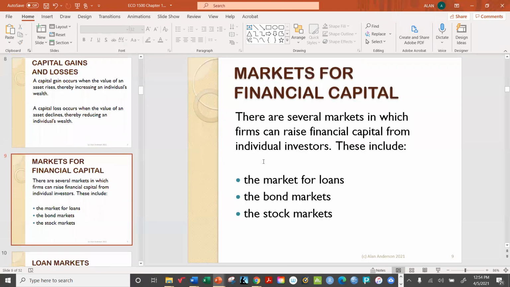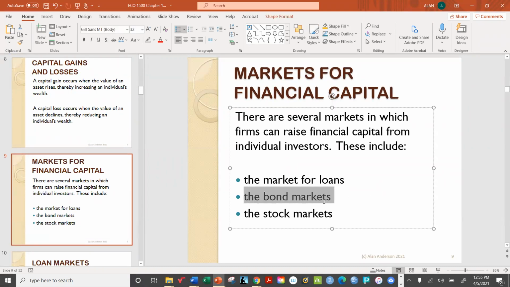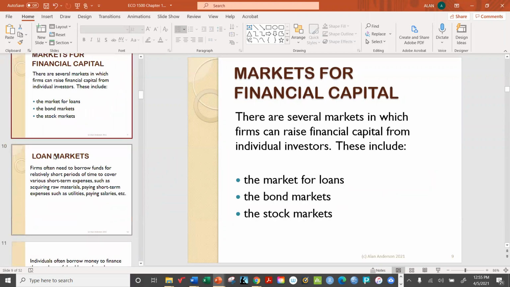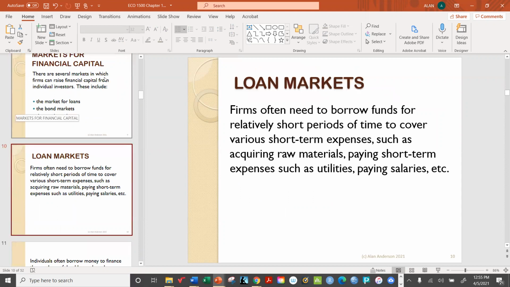Okay, now the markets for financial capital, we've discussed this as well, primarily consist of the bond markets, the stock markets, and then finally the market for loans. The loan markets are where you can borrow money from banks typically to pay for short-term expenses.